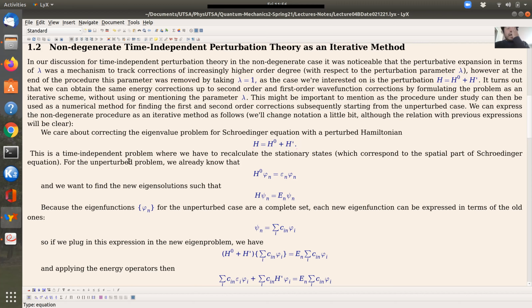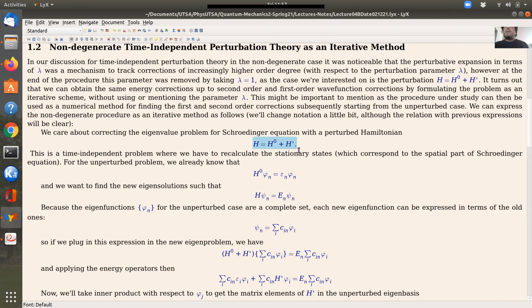This is a time-independent problem because I'm not assuming time dependence of any of the potentials. And we have to recalculate the stationary states, of course, because if we have a new Hamiltonian, we have new eigenvalues and new eigenvectors in principle. The stationary states are the spatial part of the Schrödinger equation when we do separation of variables.